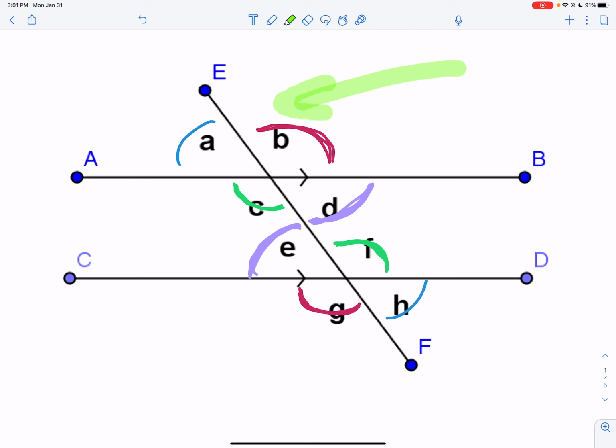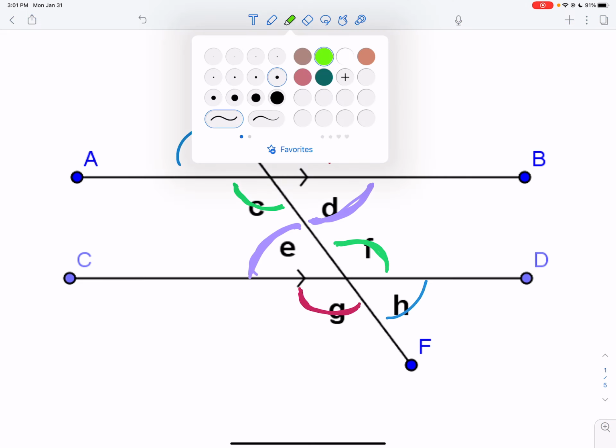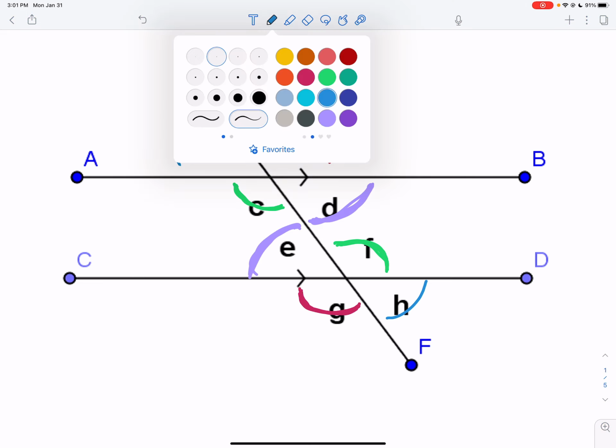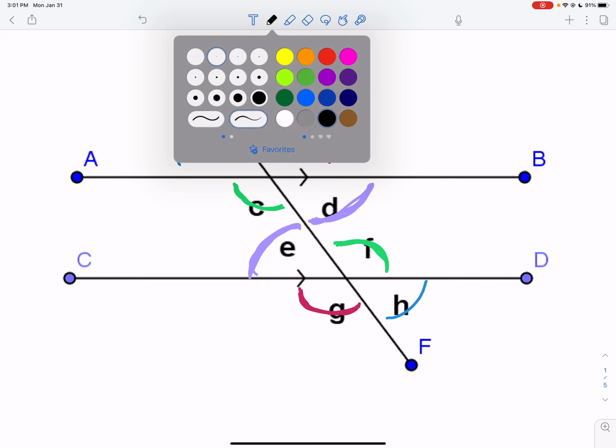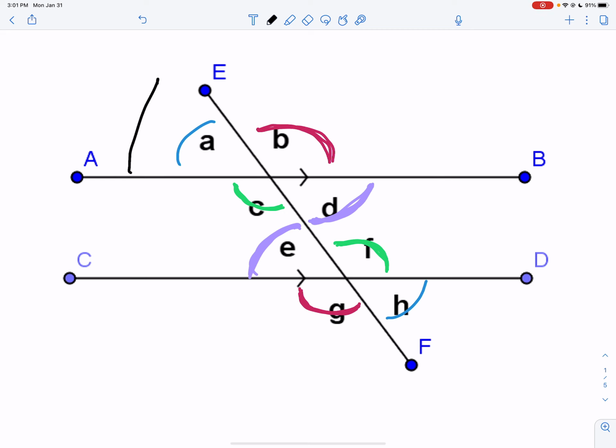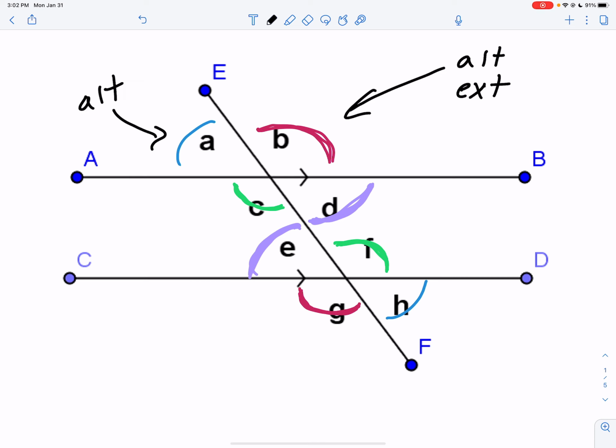So right here, let's write it in a color we haven't used before. Let's write it in black. These two are alternate exterior angles. And so are these, because they're on the outside.